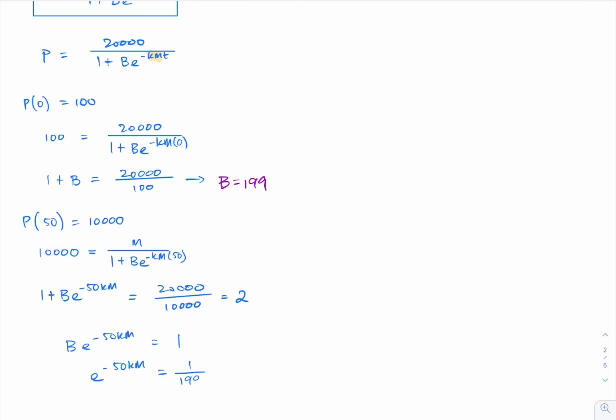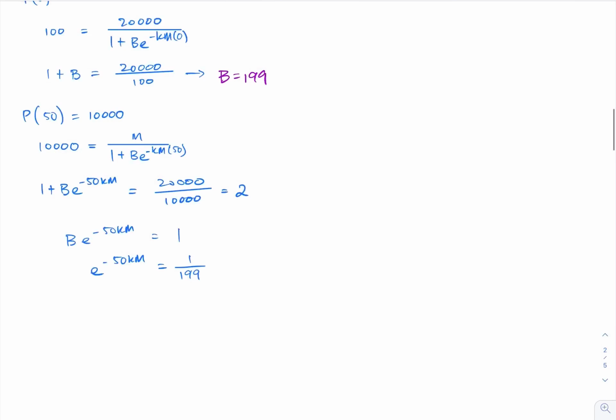Just another reminder, I could put M equals 20,000 in here, but I'm not, because I'm treating kM as one constant, which is a very nice thing to do. So negative 50 kM is the log of that.